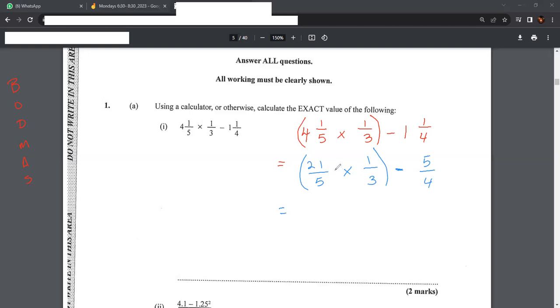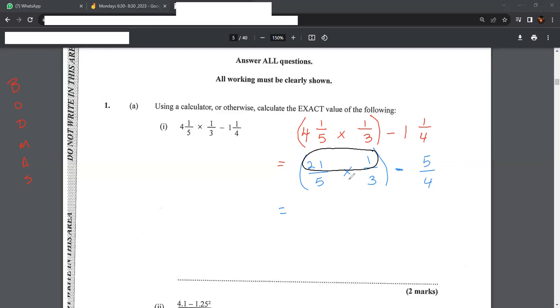Next, BODMAS tells me to work what's in my brackets. So I have to multiply. I like to encircle my numerators, and then I look into my denominators. Do you see any number that shares a common timetable with any number up here?